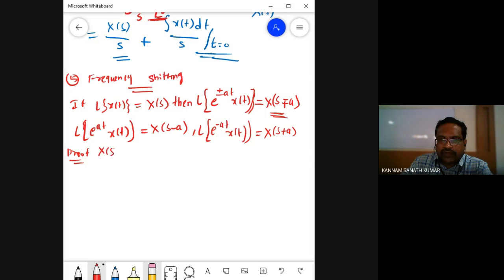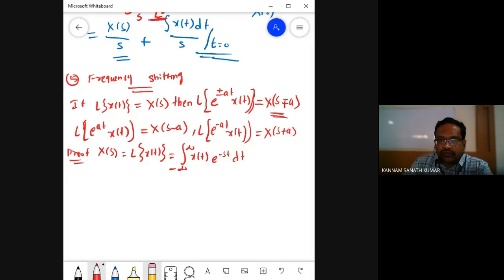So what is x of s? X of s equals the Laplace transform of x of t, equal to integration minus infinity to infinity x of t into e power minus st dt.